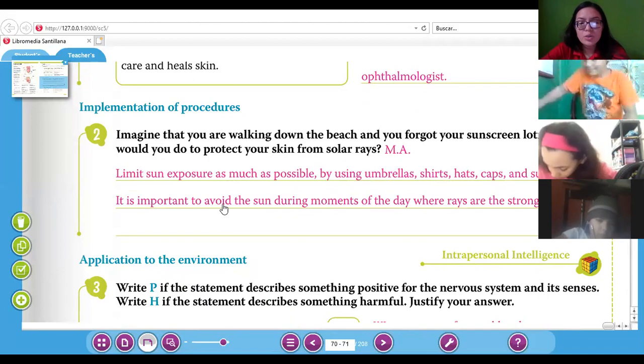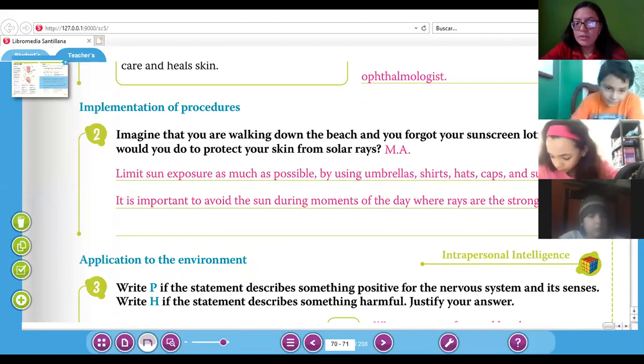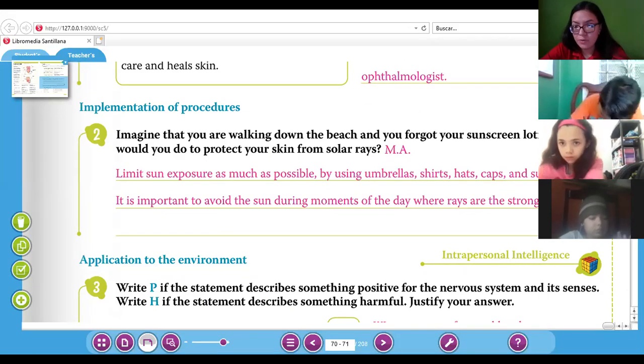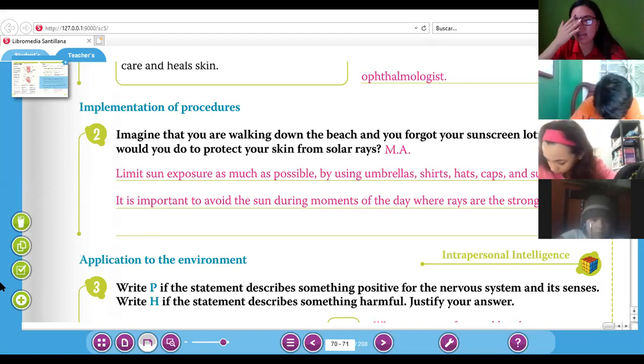It is important to avoid the sun during moments of the day where the rays are stronger, for example, at 12 o'clock or at 1 o'clock. So that is the answer for that, guys.